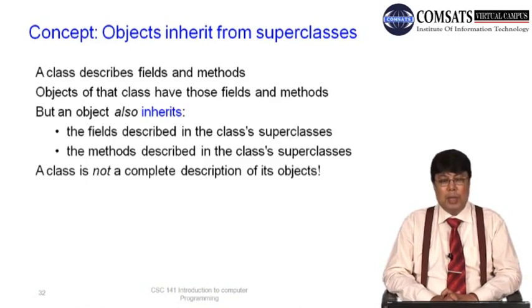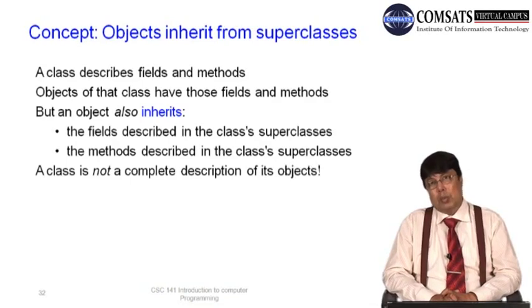A class describes fields and methods. An object of that class has those fields and methods, but an object also inherits. What does it mean? It means that it can inherit a field that is described in the class's superclass. In easy words, you may have some inheritance from your father, but you may have some characteristics, some inherited features directly from your grandfather that were not inherited by your father.